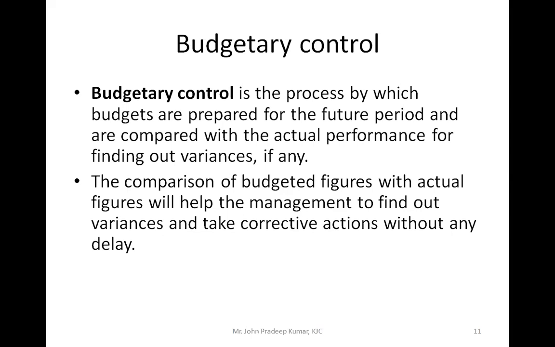Once you implement the budget, you get the actual performance, and you compare it with the budget. Then you find out whether you are within the budget or have gone above the budget, and find out the variance. If the variance is too much, then the management will take corrective actions to control those variances.